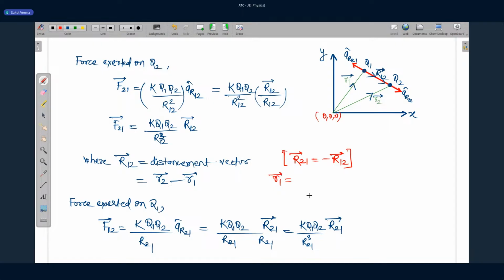If r1 has coordinates x1, y1, z1, then it is x1 ax cap plus y1 ay cap plus z1 az cap. And r2 is x2 ax cap plus y2 ay cap plus z2 az cap. These are the position vectors. So r12 and r21 are the displacement vectors, and r1 and r2 are the position vectors.